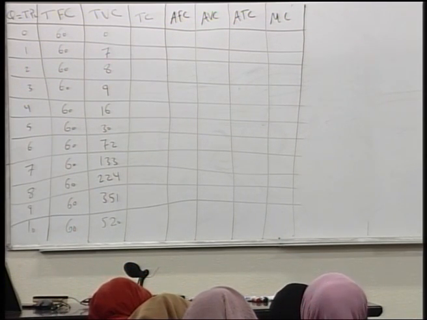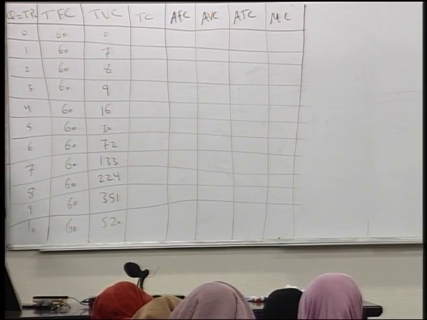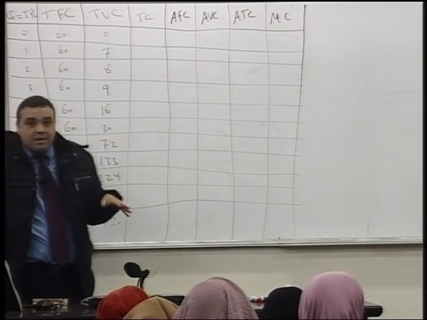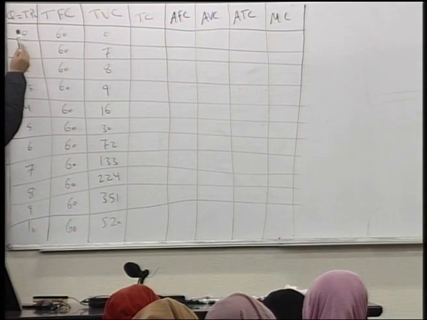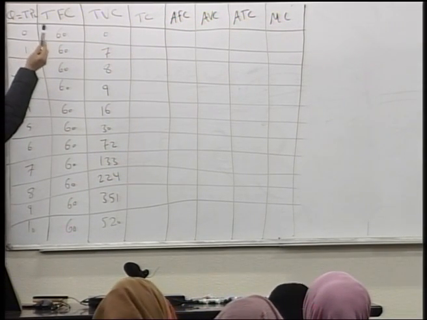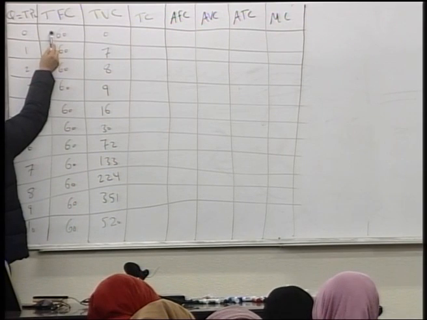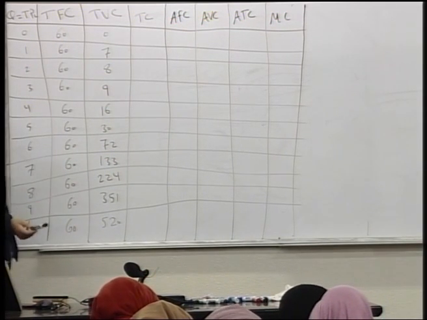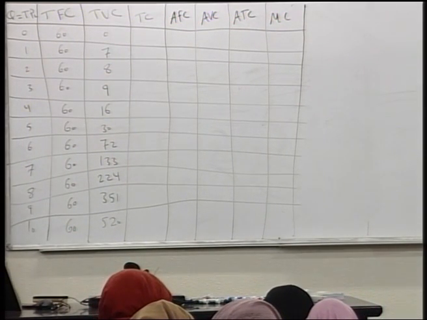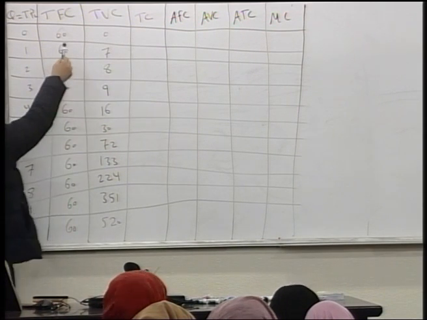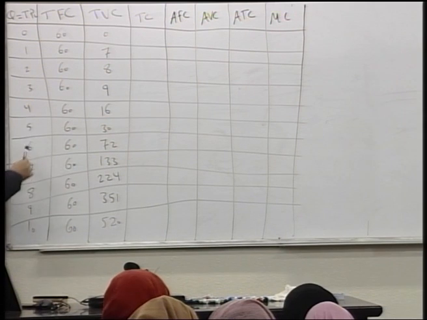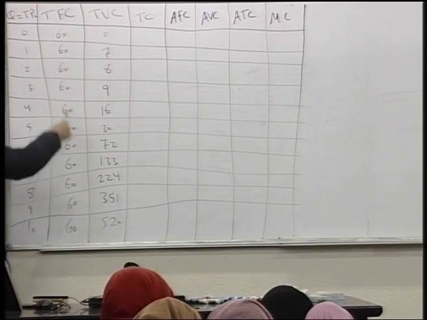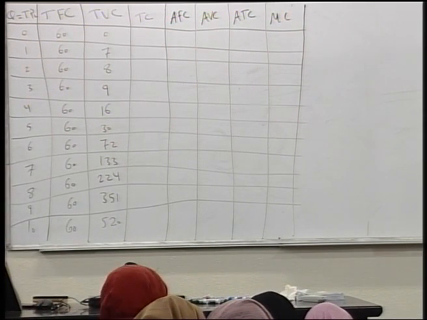As you see, total fixed cost is fixed regardless of the quantity produced. When we produce 0 quantities of the product here, the total fixed cost that we have to pay is $60, right? And as the quantity increases, the total fixed cost stays fixed.